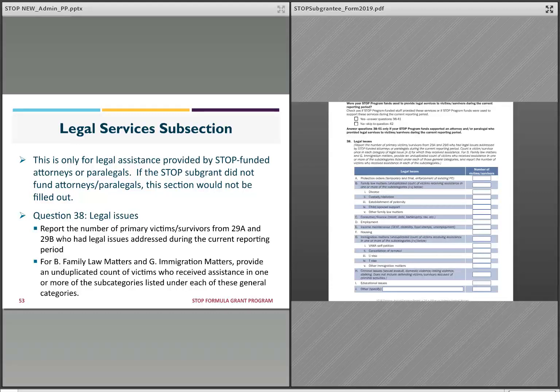So for example, in B, family law matters, if one victim survivor was assisted with divorce, and that same victim survivor was assisted with custody and visitation, 1 is what should be reported on the line of B, as well as the line of I, divorce, and II, custody visitation. Because that overall family law matter category should be an unduplicated count across each of the issues, subcategories.